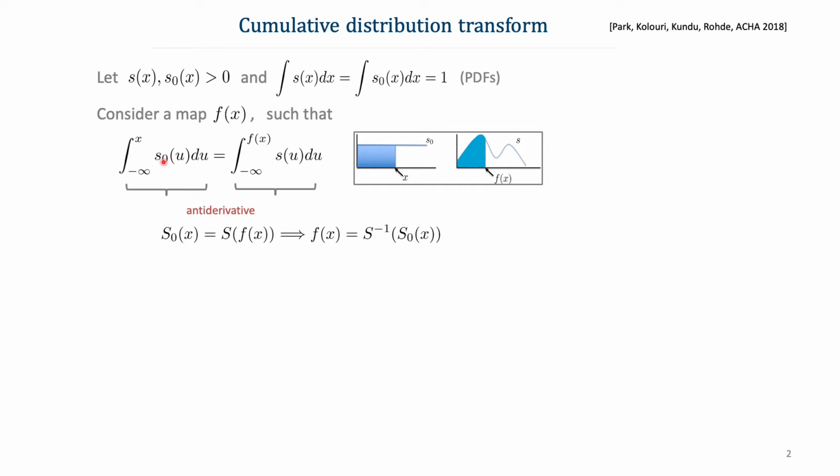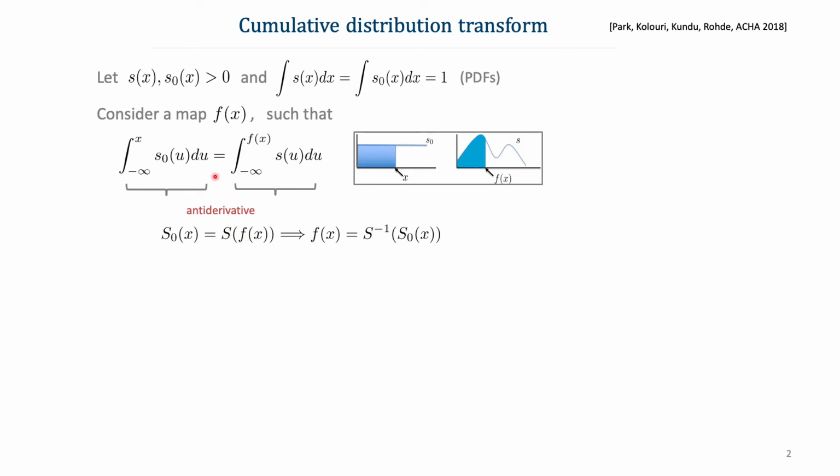Now, if we use the antiderivative notation, where we call capital S naught the indefinite integral of the function S naught, right? So we call capital S the antiderivative of S. Then we are talking about finding this relation so that our accumulation, or our cumulative distribution, evaluated at x for signal S naught should be equal to the accumulation of S evaluated at f of x. Right?